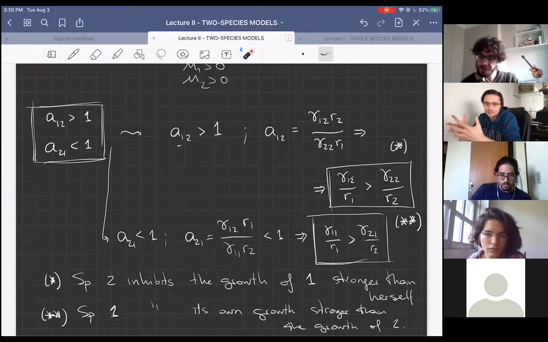It makes sense that the one that is killing herself very fast and is killed by the other one faster is going to disappear. So these are the conditions. This is how these mathematical conditions translate into interactions between different species.